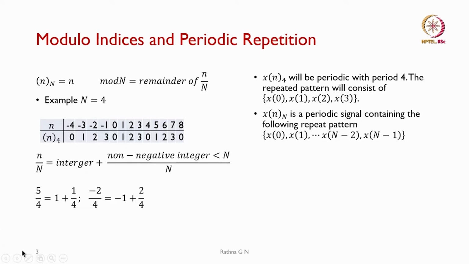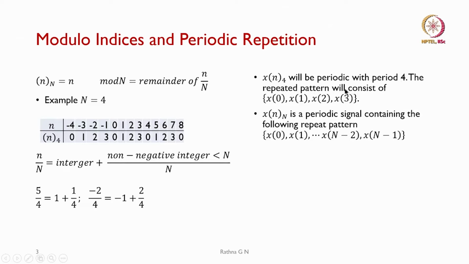As we can see here, capital N is our length of FFT. So, n modulo N is nothing but the remainder of n divided by N. In this case x of n, if we have 4 samples, we say that it is periodic with period 4.